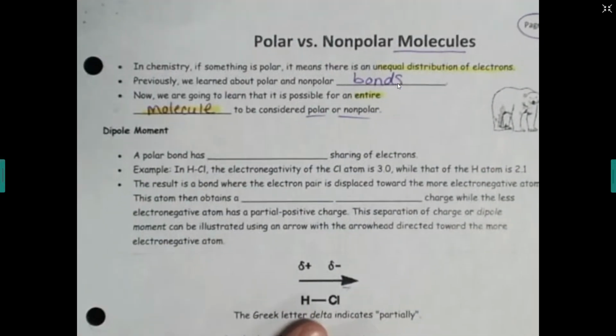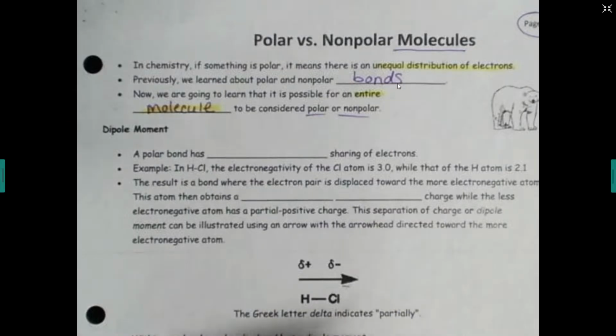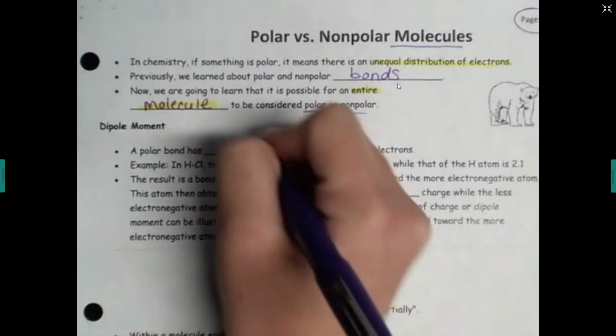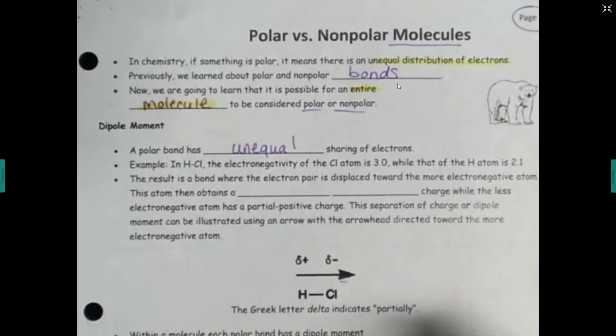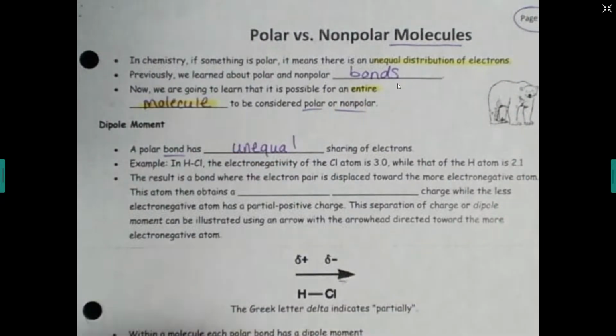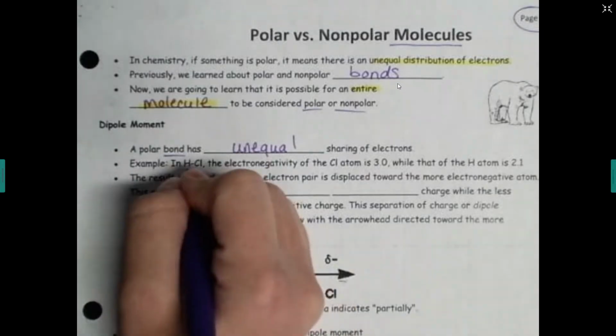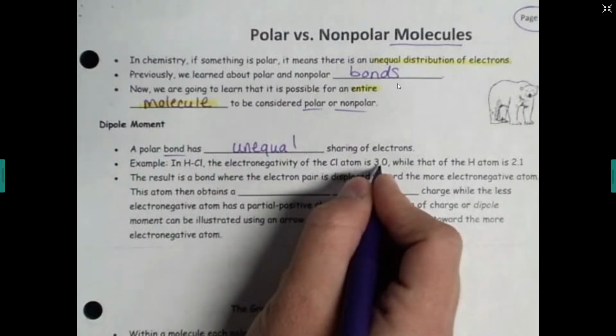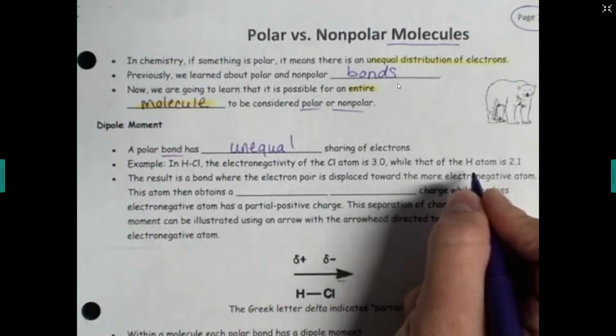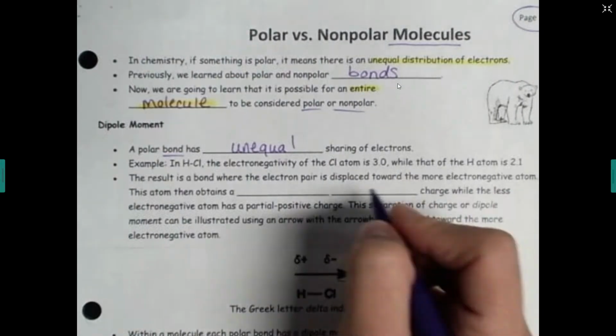So let's talk about what a dipole moment is. A polar bond has an unequal sharing of electrons. We already know that about polar bonds. For example, in HCl, the electronegativity of the chlorine is 3.0 and the electronegativity of the hydrogen is 2.1.